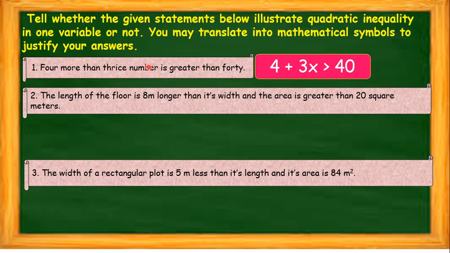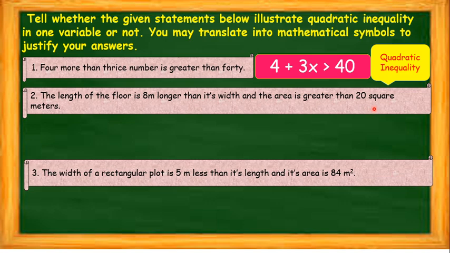Thrice a number is 3 times a number, which is x. And it says it is greater than 40, so I use this symbol and 40. Is it a quadratic inequality or not? That is not a quadratic inequality.